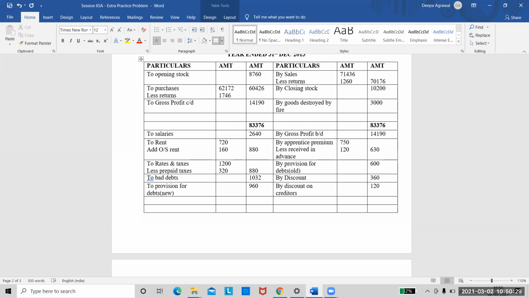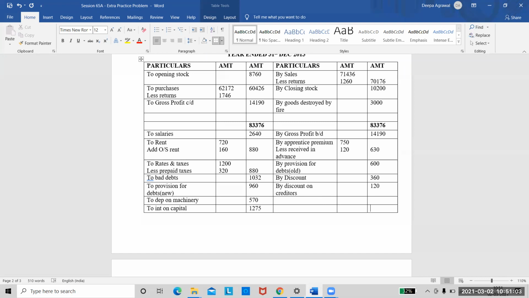Next adjustment. After that, see the next one. Rent outstanding we have taken, taxes we have taken, machinery. Depreciation on machinery, tell me the value. How much is the depreciation? 570. Correct? Okay. Apprentice premium we have taken. Interest on capital is the next one. How much is it? 1275.